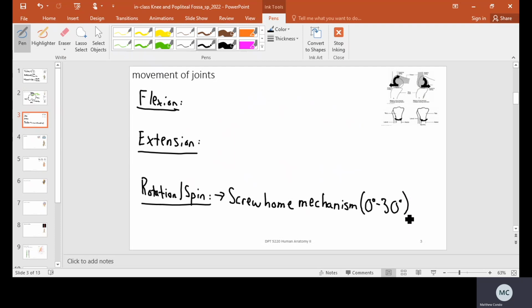The other thing, guys, I want you to really watch out for on test questions is what motion's happening. Okay, and this is going to become a really big point, because what I want you to think about is, and I'll give you an example. Am I in flexion or extension? I'm in flexion.